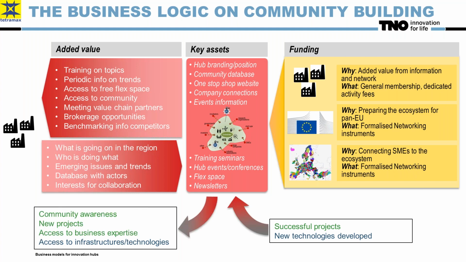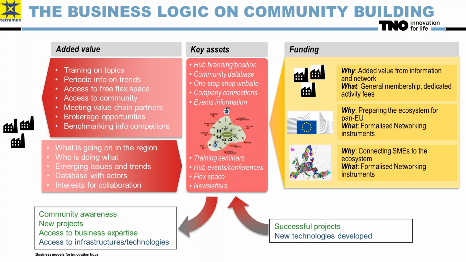Because this is an ecosystem service, the business-oriented services and the technology-oriented services will add up to the key assets, looking at successful projects, creating a new and better branding, and new technologies developed that also increase the key assets.